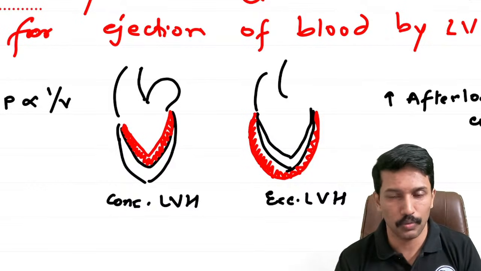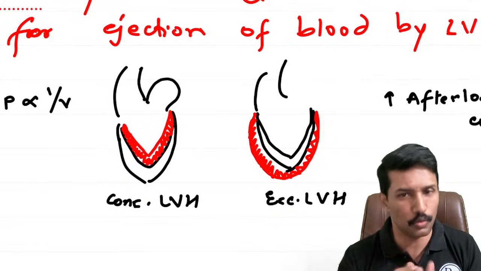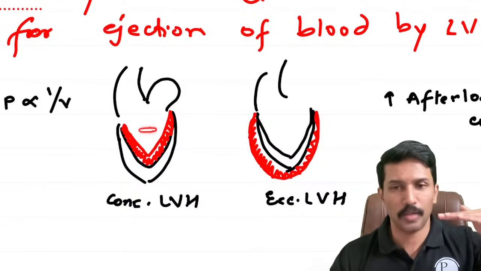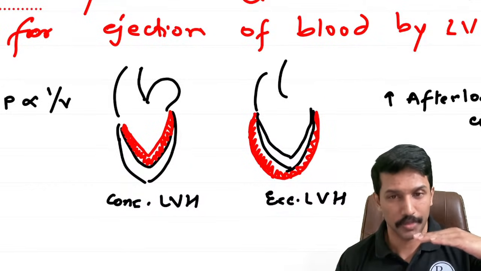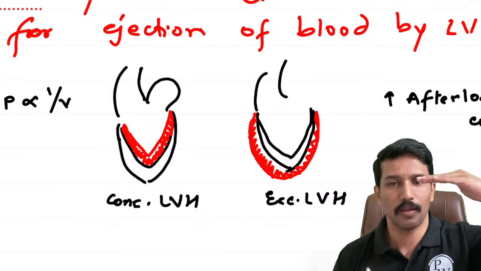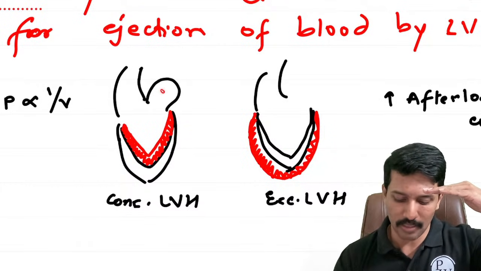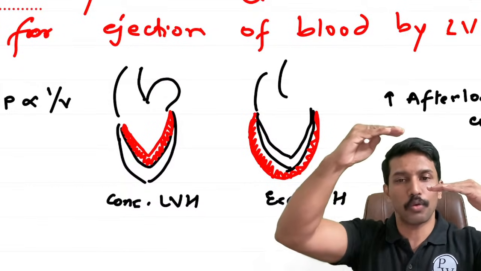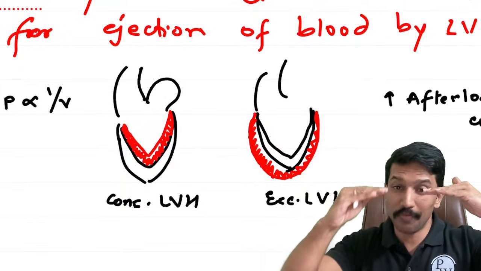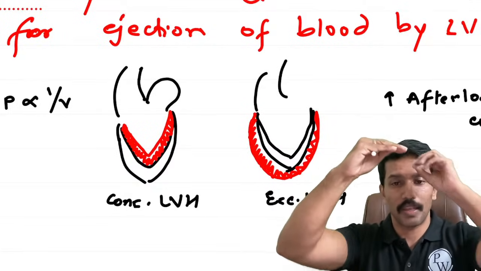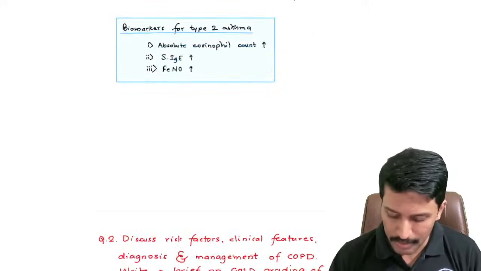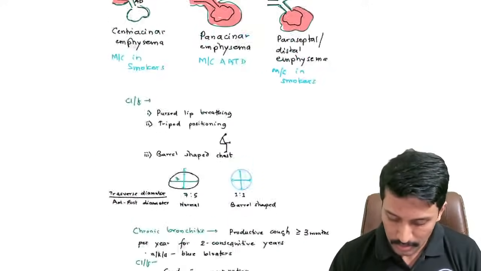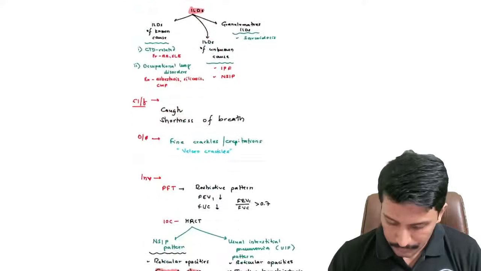And yesterday I told you that the fluids move from high pressure to low pressure zone. So normally, let us say this is ventricular pressure. Now I developed concentric LVH, ventricular pressure increased this much. Now to fill this ventricle, the pressure in the left atrium has to go above that of the left ventricle. So left atrial pressure will increase.